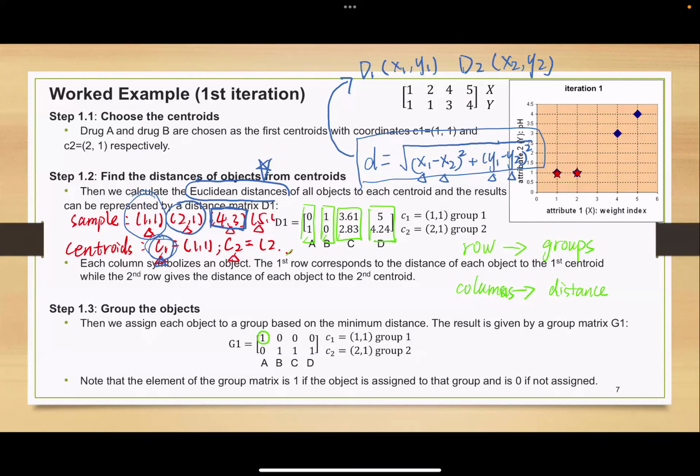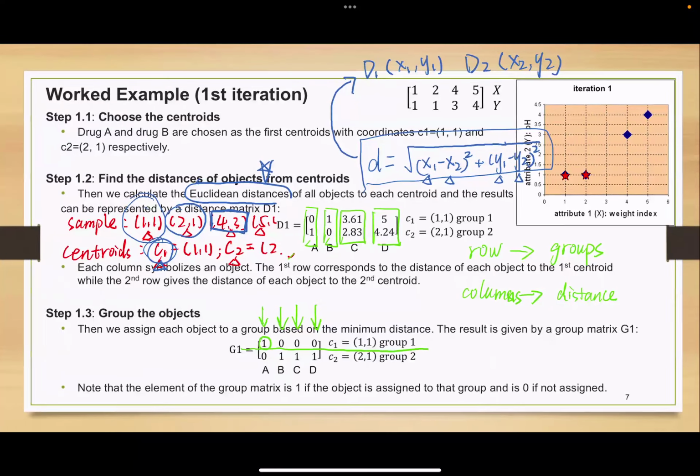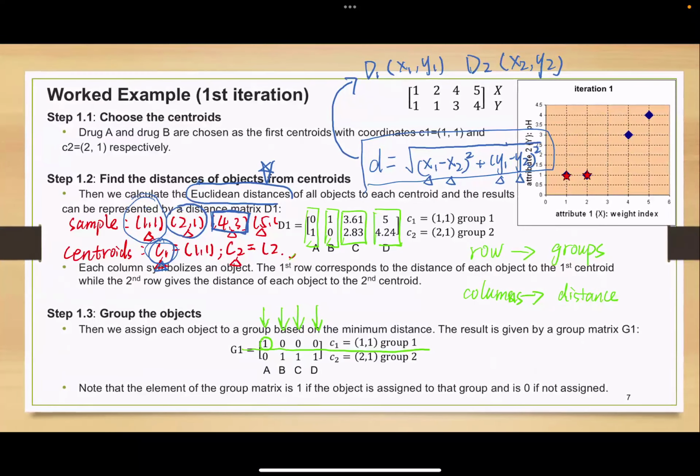So there we have 2 groups, right? We will represent them as group 1 and group 2. And then here are the data points. We have 4 data points. Then we calculate the distance. For the first data point, the distance to the first group is 0, to the second group is 1.